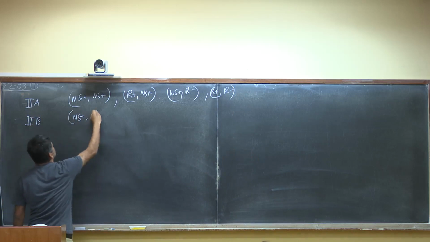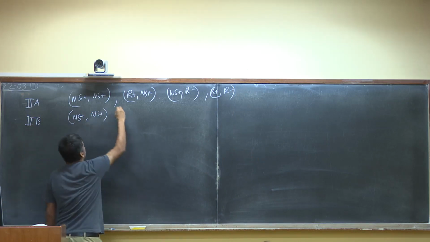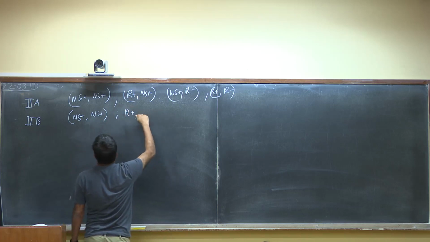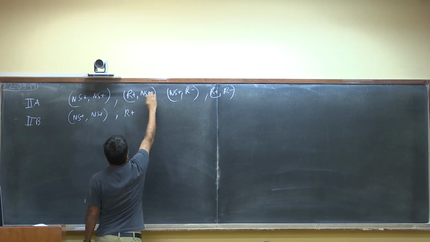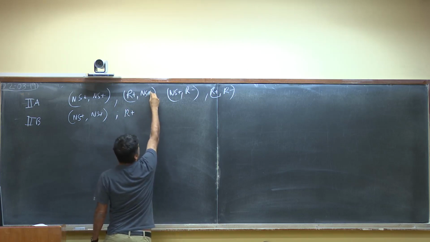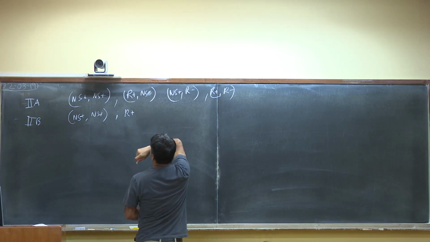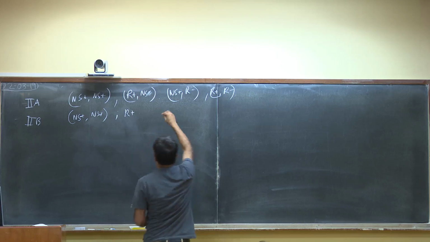NS plus, then R plus, yeah, something's wrong here. This is R plus NS. We want the left to be plus, NS plus, yes.